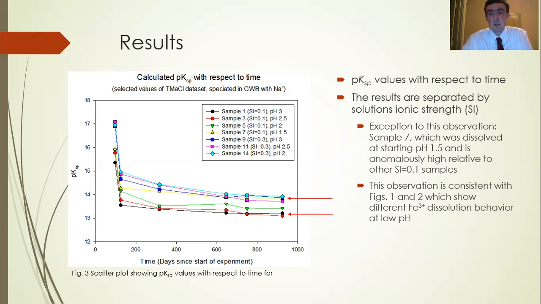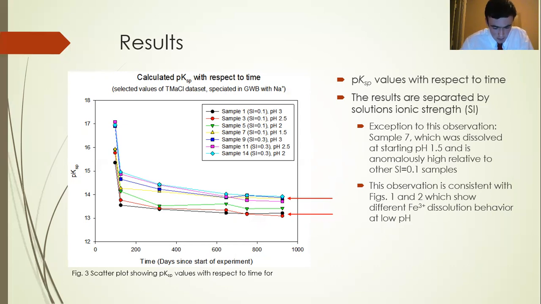Samples 1, 3, and 5 were dissolved at an ionic strength of 0.1 molal, and samples 9, 11, and 14 were dissolved at an ionic strength of 0.3 molal. So as you can see, ionic strength has a significant impact, and has not been fully accounted for in the pKsp calculations.